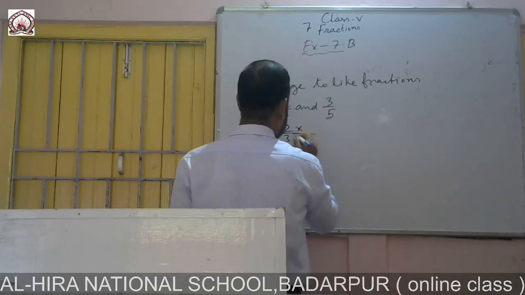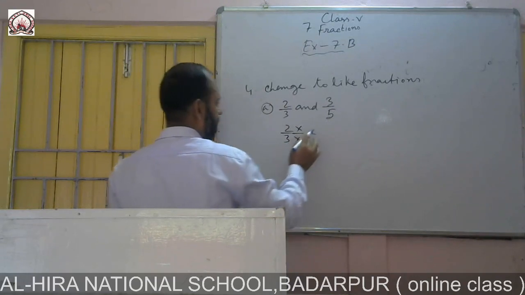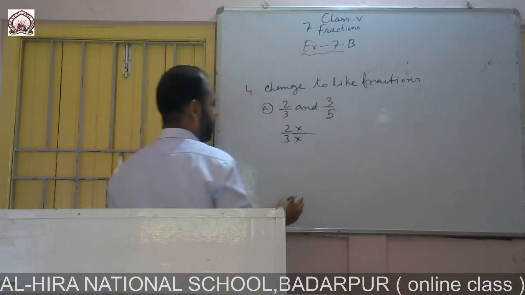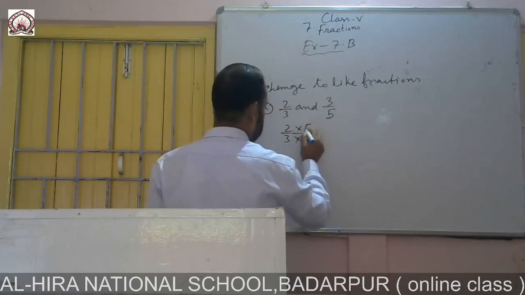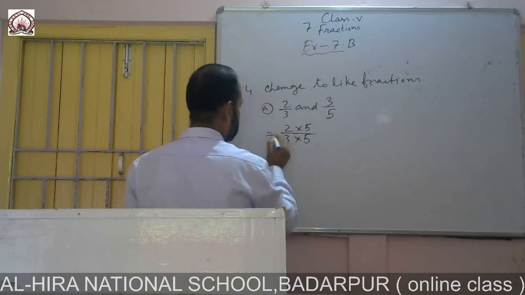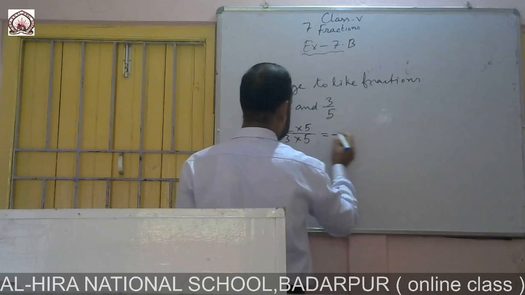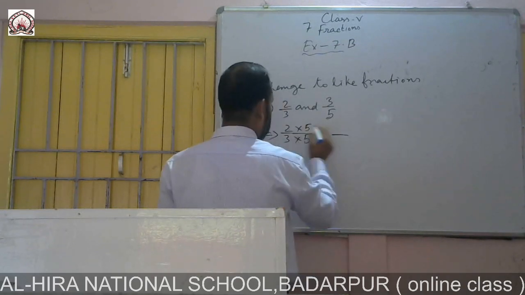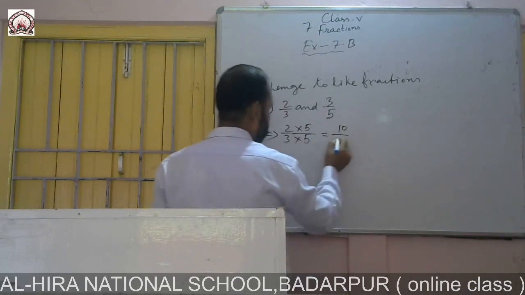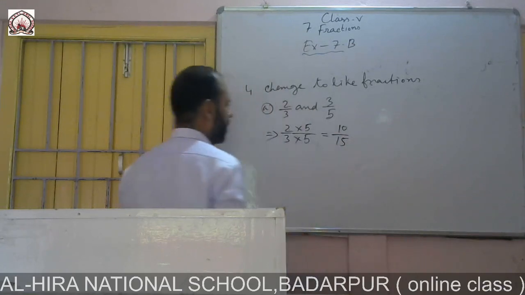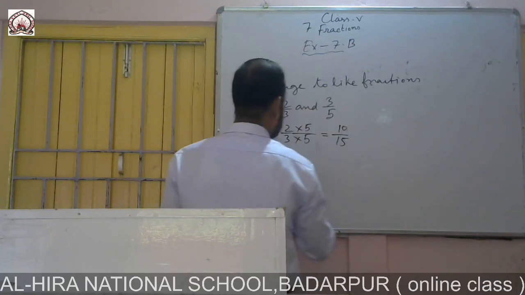and multiply by second fraction denominator. Second fraction denominator, answer is what? 2 5s are 10 and 3 5s are 15. Here 10 by 15.